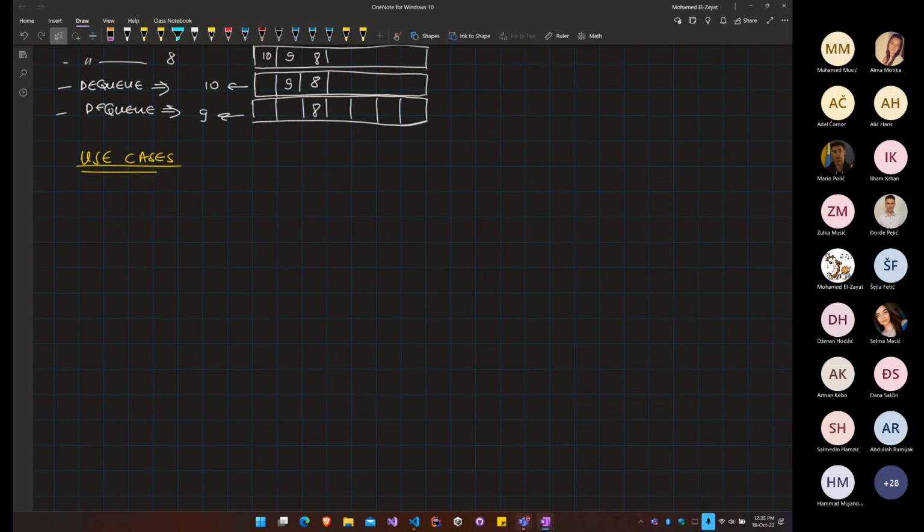So can anybody give me a guess what you would be using a queue for? With the last class with the regular students, I had very interesting examples, to say the least. I cannot remember them all right now, but I had pretty interesting insights on what people see that they can actually use as a queue. So I'm curious to see what you guys have in mind.